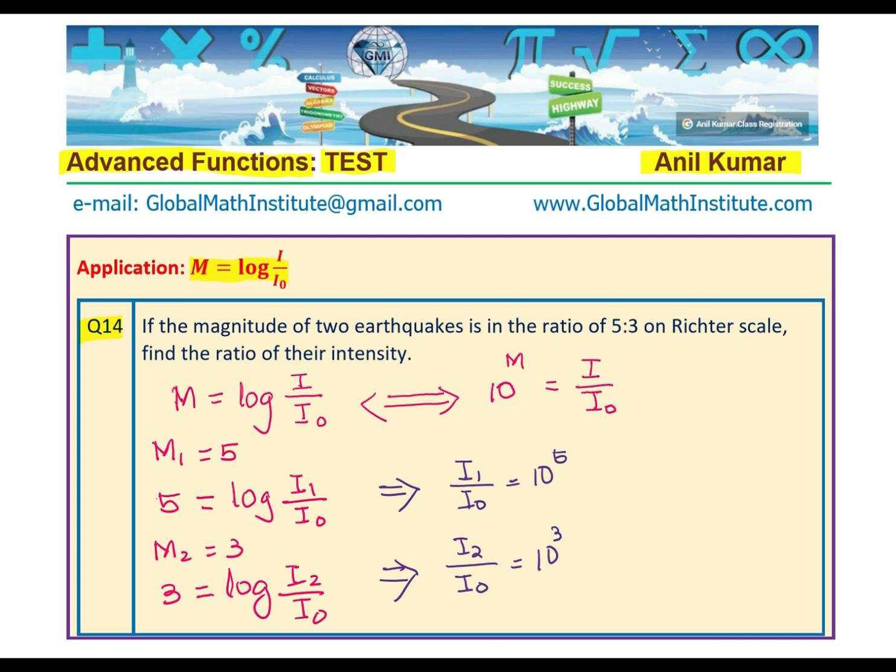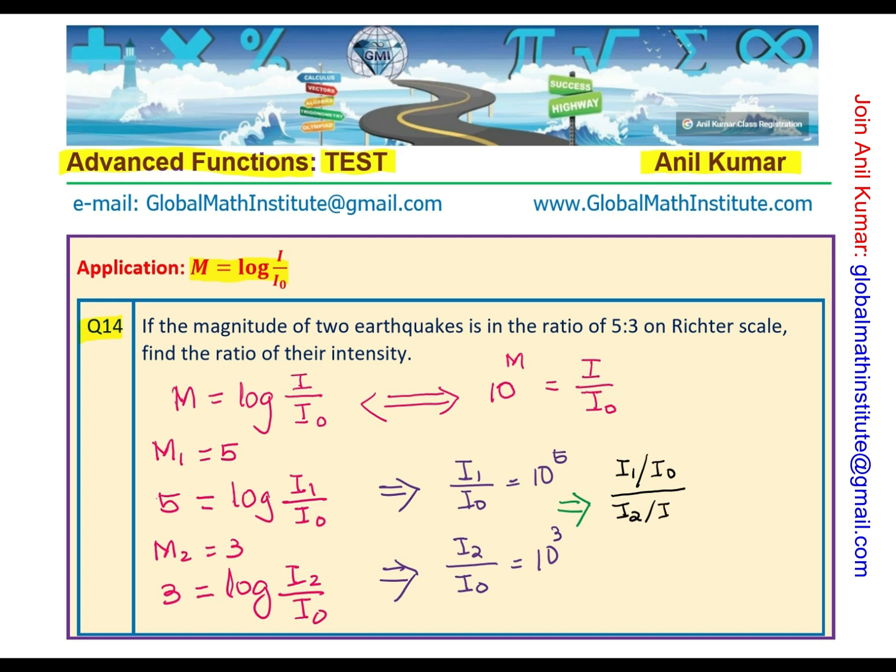Now, what is I1 over I2? So let's divide the first equation by the second equation. Simple as that, right? Let's move forward. And we will now write I1 over I0 divided by I2 over I0 equals 10 to the power of 5 over 10 to the power of 3. Clear?